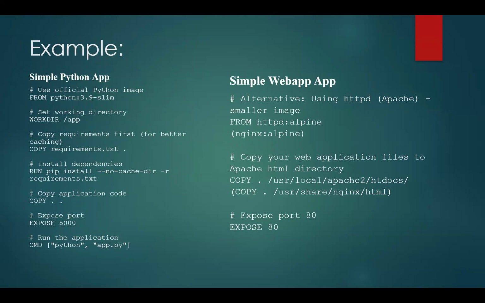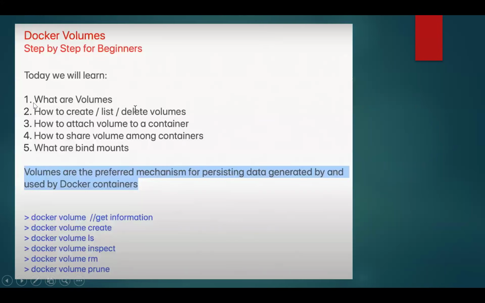These are the two Docker files, one for Python and one for a web app. We'll discuss the Docker file more in our next class. That's how it looks. It starts from here.